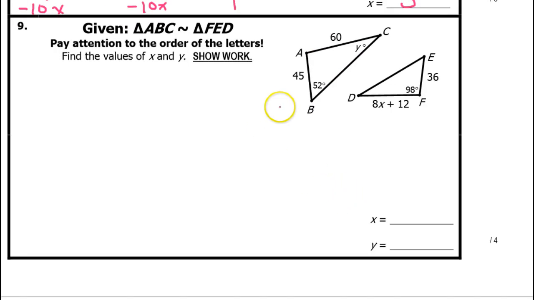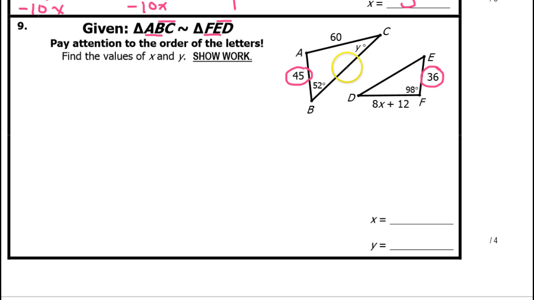All right, number 9. Once again, let's match up corresponding sides. So side AB corresponds with side FE. So here's AB, and here is FE. Okay, side BC corresponds with ED.